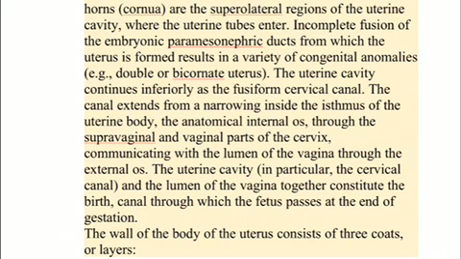So when there is incomplete fusion in the formation of the uterus, you could have a variety of congenital anomalies. For example, you could have a double or bicornuate uterus.